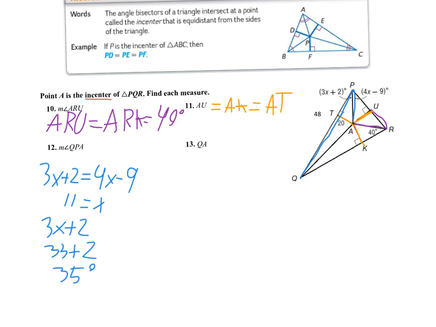Measurement of QA. Well, let's see, measurement of QA. So QA is the distance from our incenter to the angle Q. But our incenters don't give us any information about the distance between the point in the center and the angle on the outside.